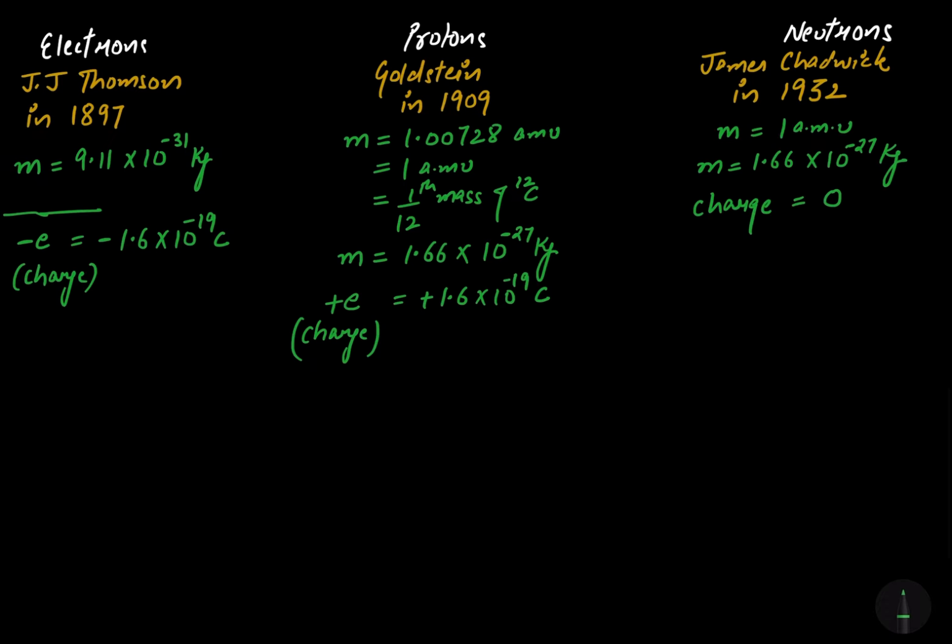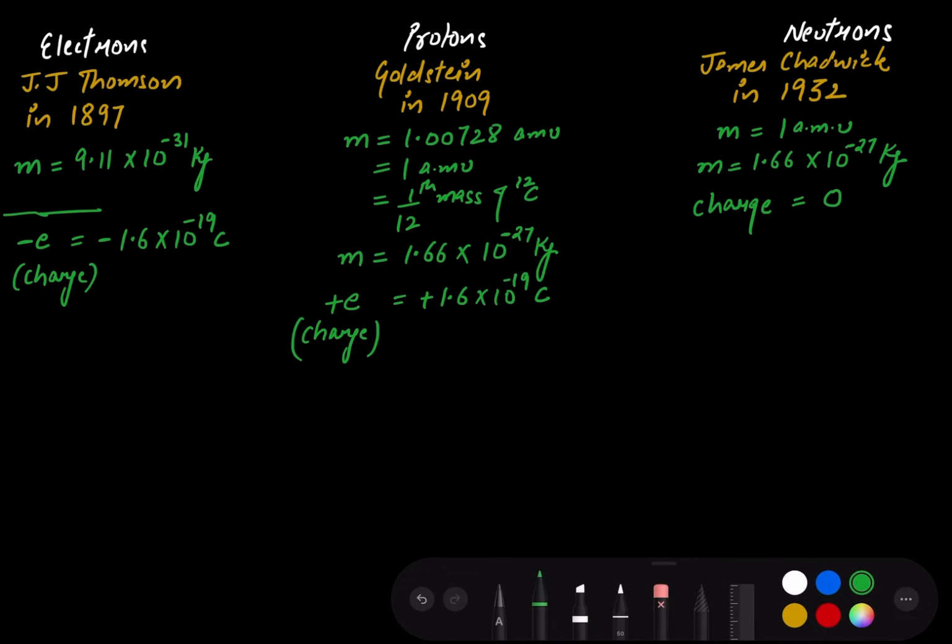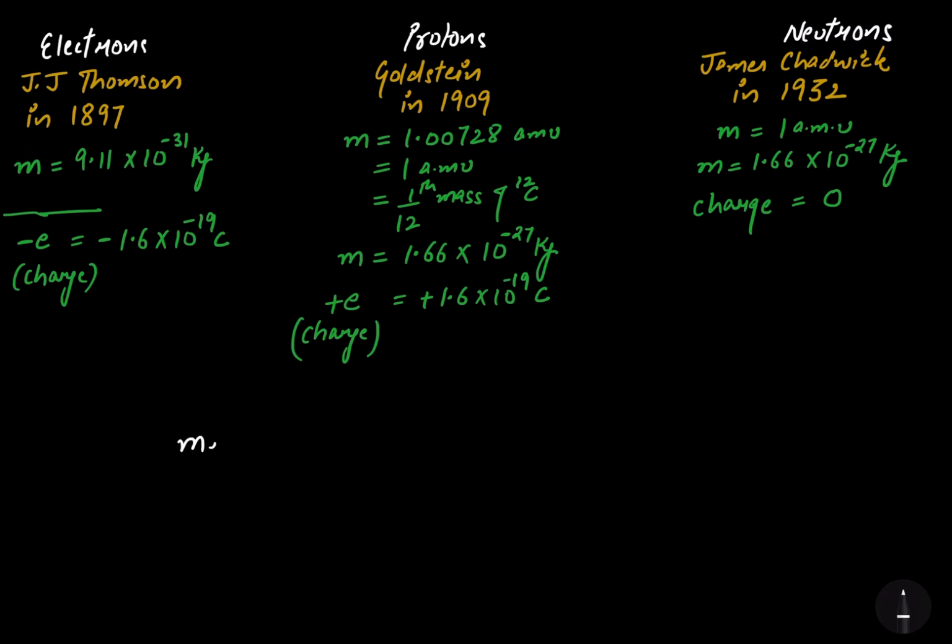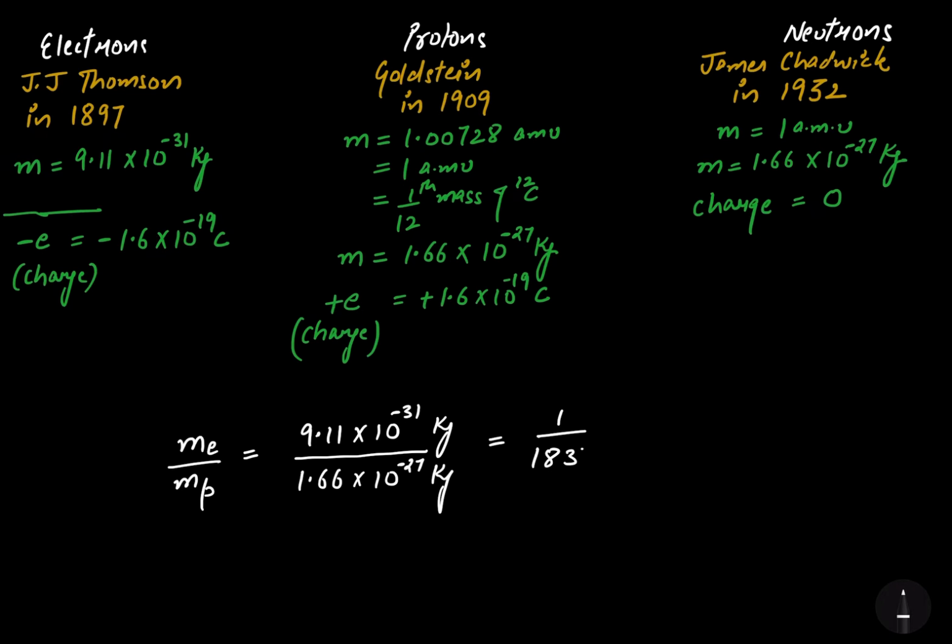So let's talk about the ratio of the mass of electron and the mass of proton. The mass of electron is 9.11 into 10 to the power minus 31 kilograms divided by the mass of proton, 1.66 into 10 to the power minus 27 kilograms, and this value comes out to be 1 divided by 1837.